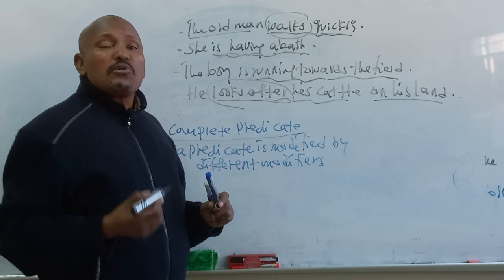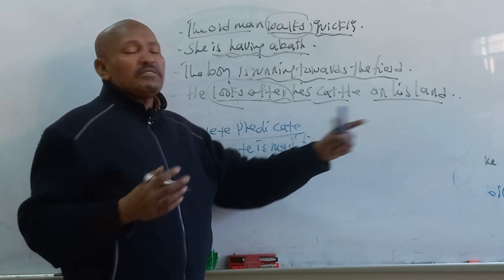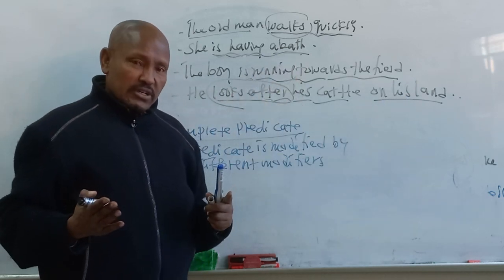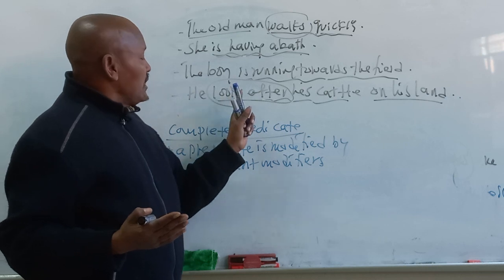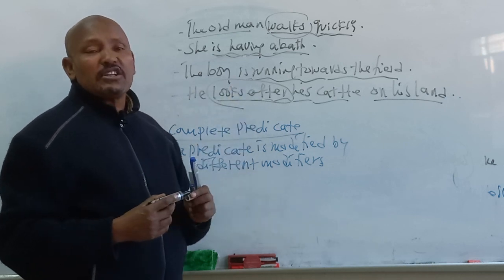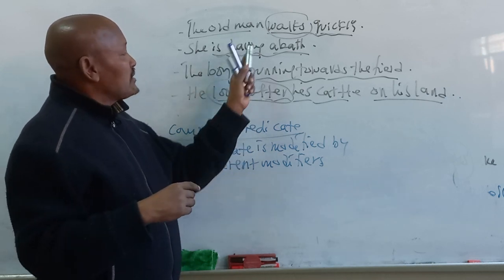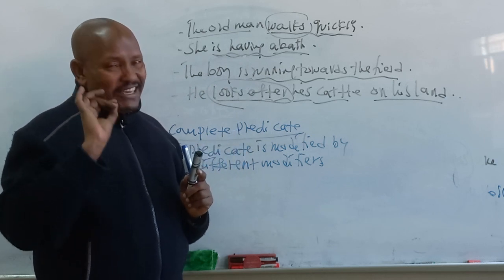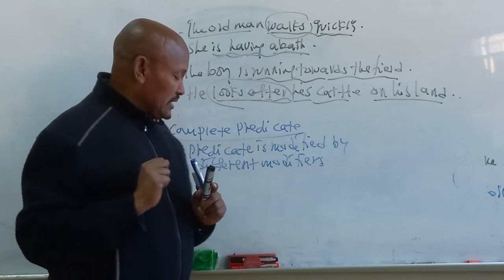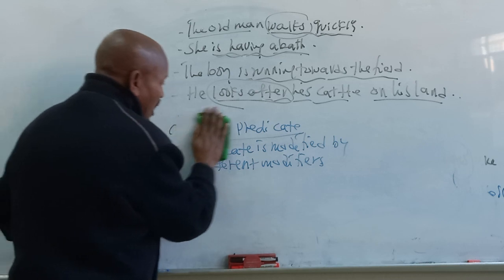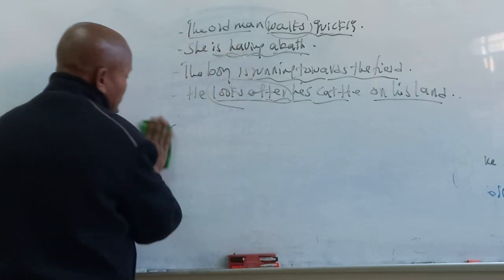Where does he look after his cattle, on his field. More clear ያደርጉታል አረፍተ ነገሩን. ስለዚህ ሞዲፋየሮቹ የአረፍተ ነገሩን verb በዚህ መልክ ይገልጹታል. አሁን እነዚህ ምሳሌዎች የሚያሳዩን complete predicate ነው.